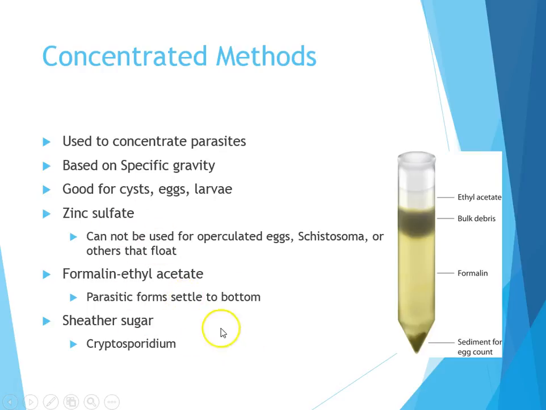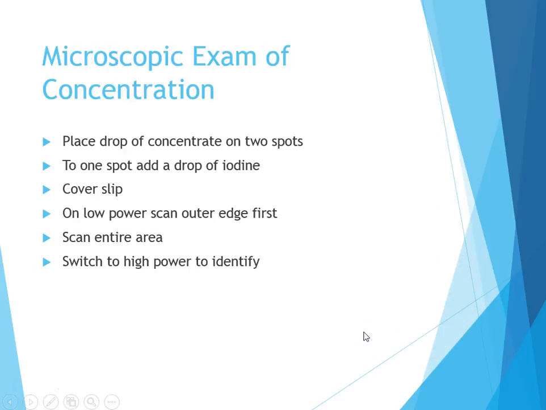After you do these procedures, for this one you would take the top part off and look at the sediment at the bottom. You would take a glass slide and put a drop on the slide, and you want to use 2 drops. One drop you cover slip and look at as it is. To the other drop you add a drop of iodine, because some of the parasites are easier to see with iodine.